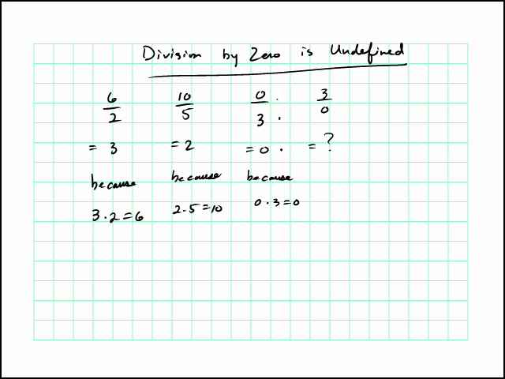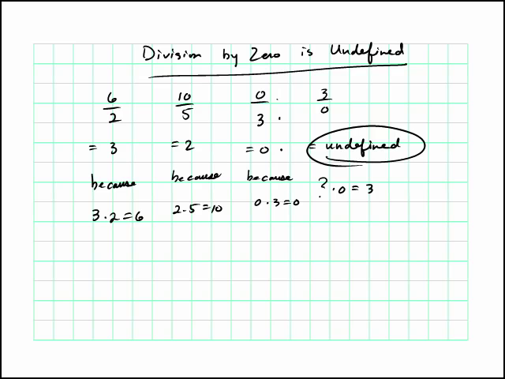Well, if it actually had an answer, then whatever the answer is, times 0 would equal 3. Now, what number times 0 is going to give you 3? There is no number that does that. It's impossible. And so what we're going to write here is that this division problem is undefined.